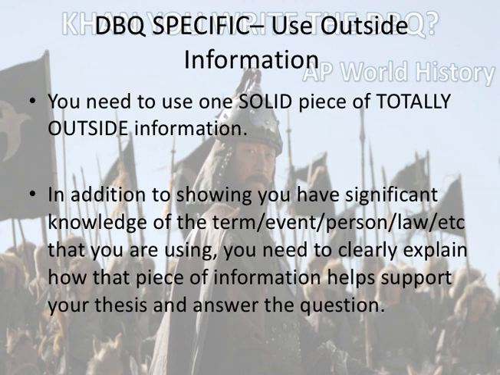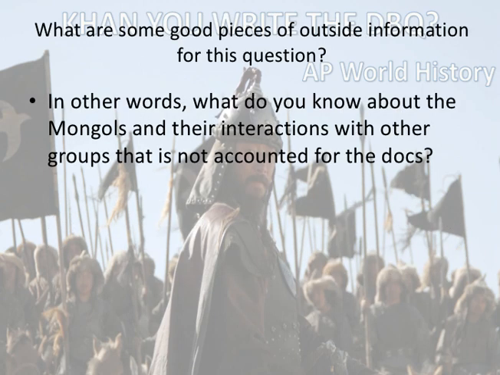When you give your outside information, it should be 2 to 3 sentences, well developed, and explaining how it relates to your thesis. So in this case, you should be asking yourself, what do you know about the Mongols and their interactions with other groups that is not accounted for in the documents? That's what you would be asking yourself in this case. In another prompt, you'd be asking yourself, what is related to that prompt that I know that's not in the documents?